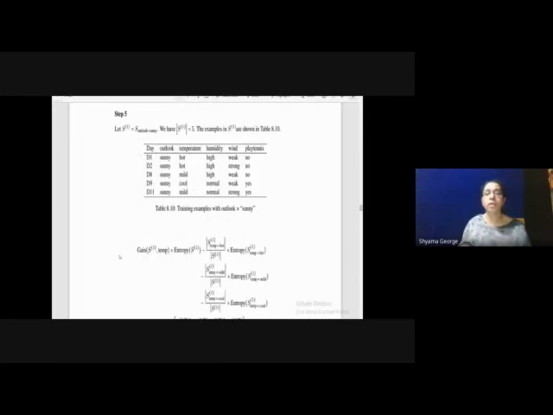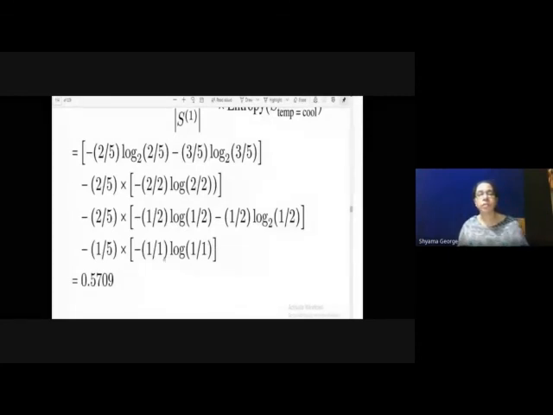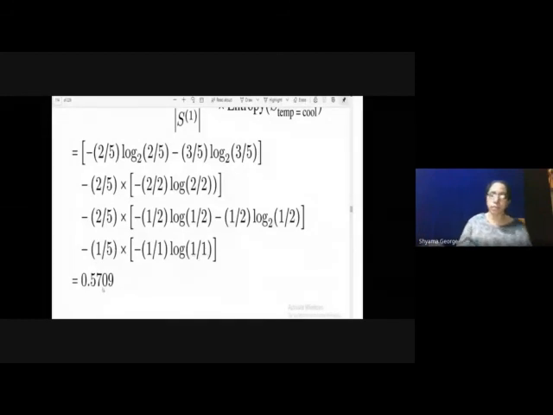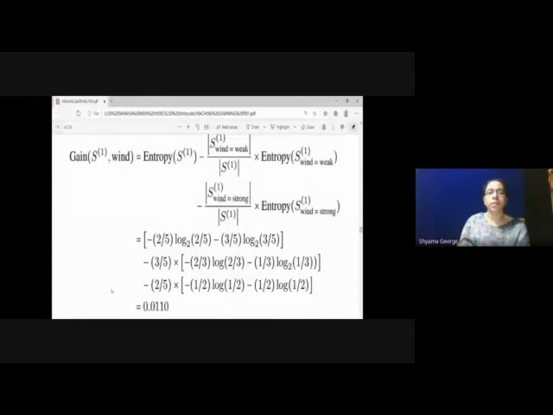There is only one record with the value cool, and that is included in the class label yes. So the entropy is minus 1 by 5 into minus 1 by 1 log 2 to the base 1 by 1. When you calculate, you will get 0.5709. Similarly, you can find out the gain of S humidity and gain of S wind.